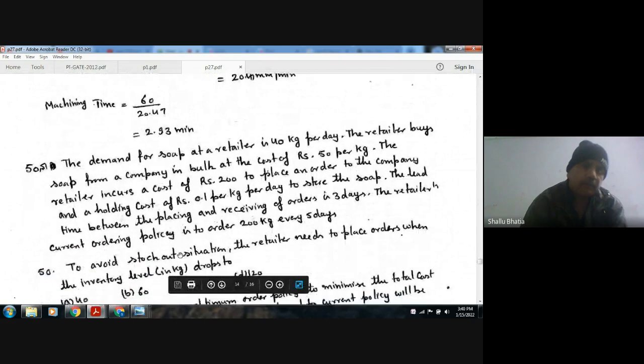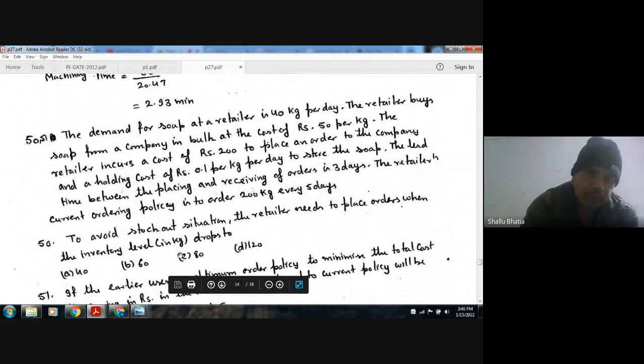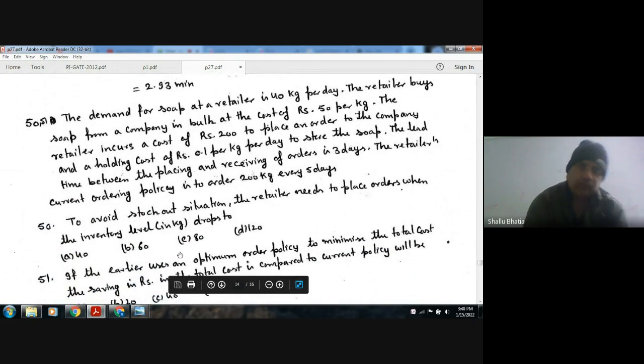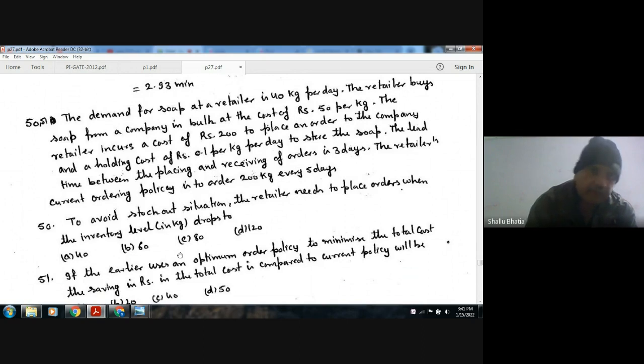Next, the demand for soap at a retailer is 40 kilograms per day. The retailer buys soap from a company in bulk at the cost of rupees 50 per kg. The retailer incurs a cost of rupees 200 to place an order with the company, and the holding cost is 0.1 per kg per day to store the soap.